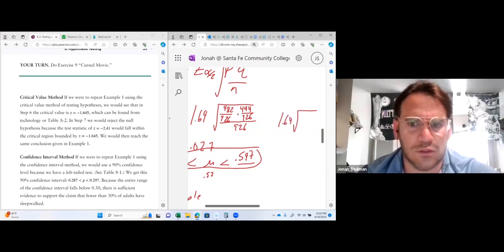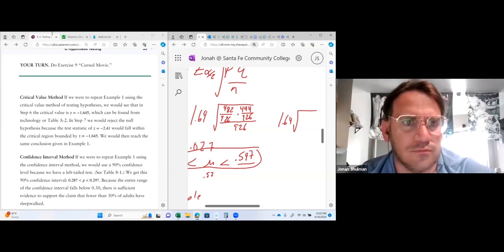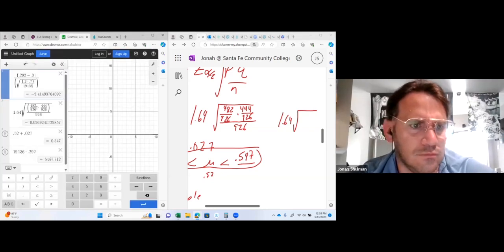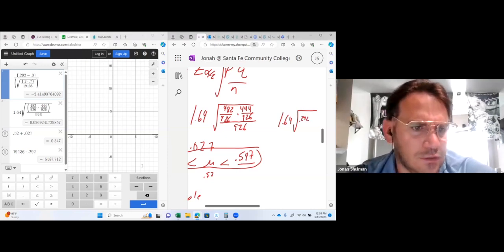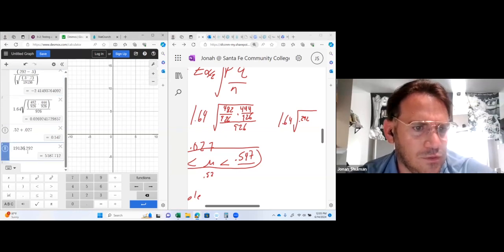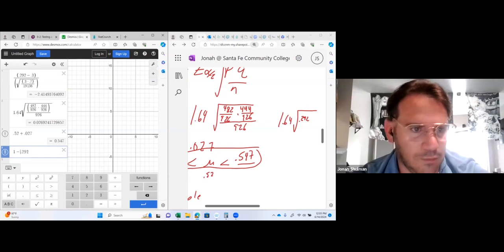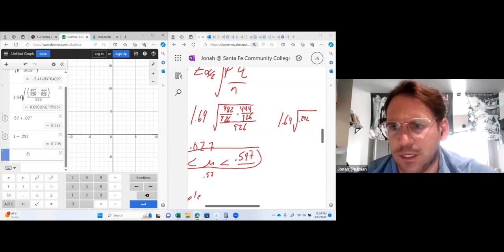We know the first one is 0.292, which makes the other side one minus that, 0.708.